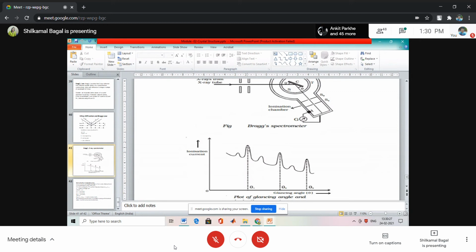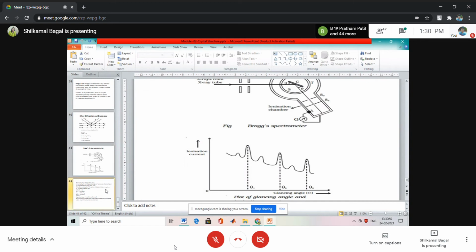This first maxima of each one: suppose this angle is theta 1 for 100, then for the second set of planes 110, the first order glancing angle is theta 2, and for the third set 111, the first order glancing angle is theta 3.